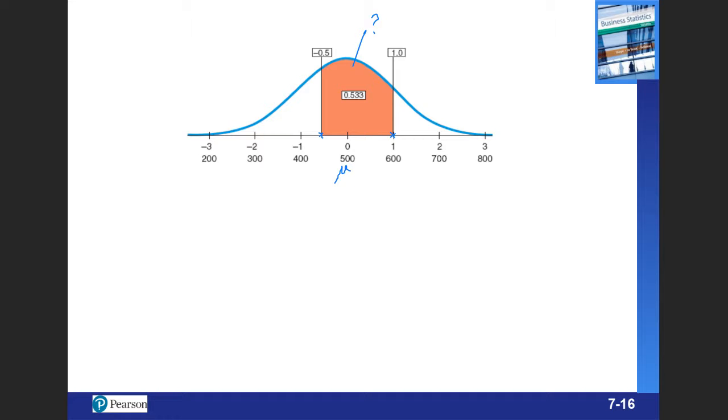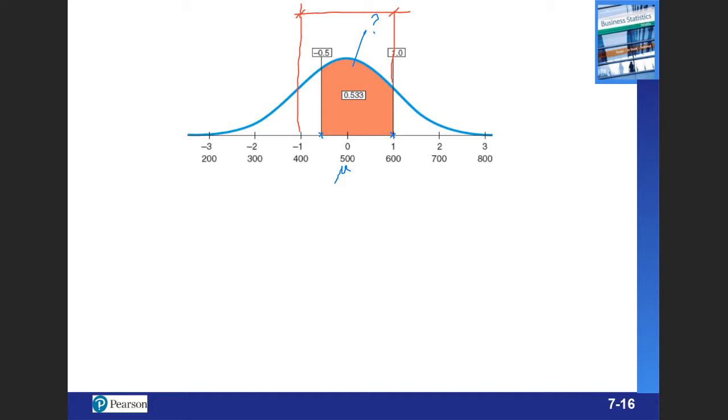Now you can do this in many different ways. So Dong Yan, how do you suggest I start? 68 divided by 2, so it'll be 500 to 600. Okay, so let's do that first. So you're saying I'm going to use the empirical rule, which is that within 1 standard deviation, 68% of all our data falls.